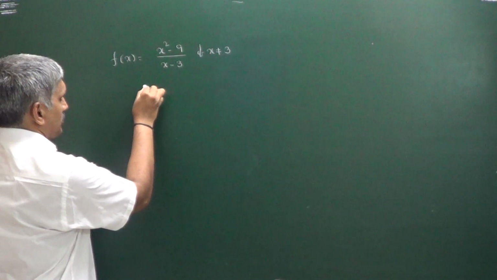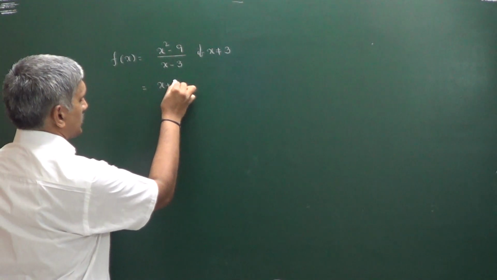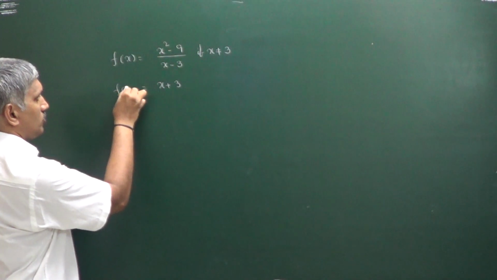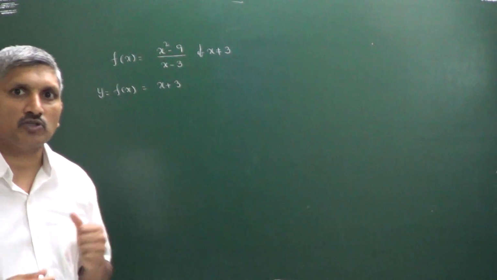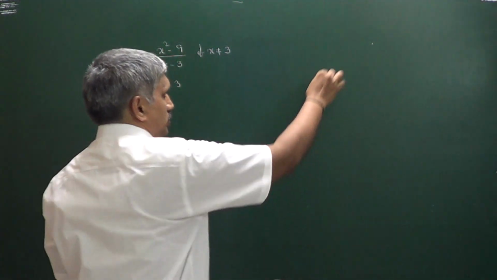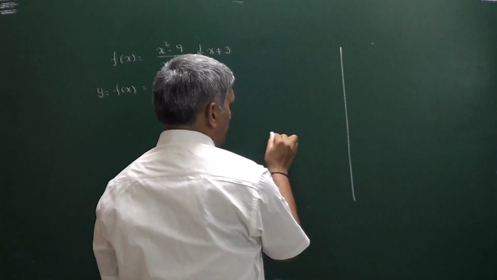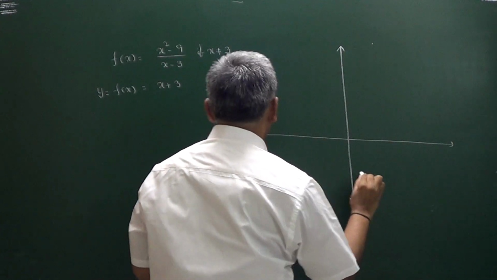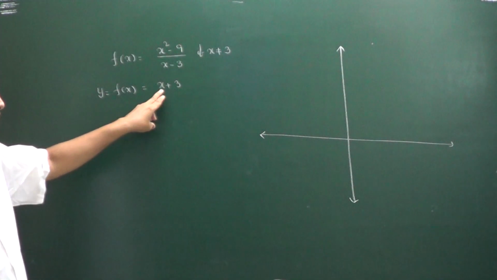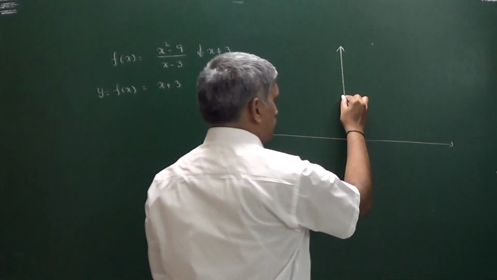So now I can write this function as x plus 3. f of x is equal to x plus 3. Let us say that is equal to y. I am trying to draw the graph for that. So this is the line y is equal to x plus 3. You can observe when x is equal to 0, you will get y is equal to 3.